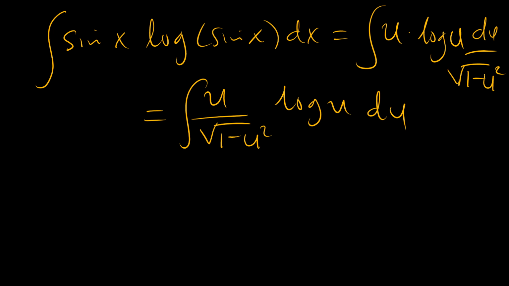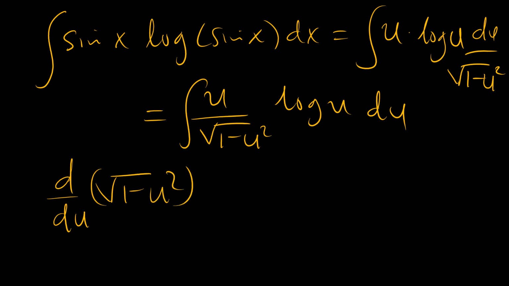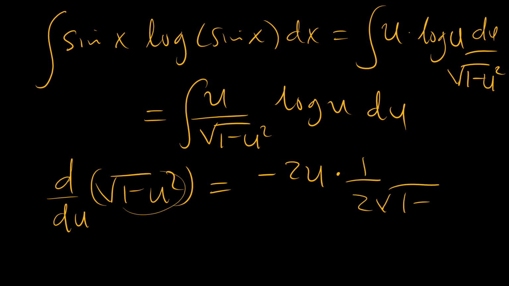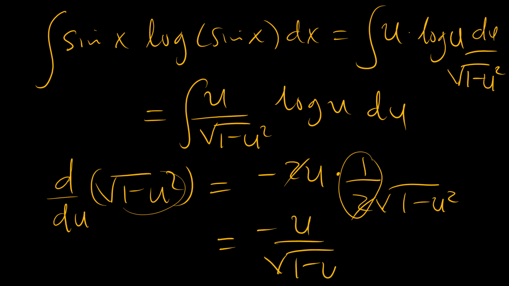Now, if you differentiated the square root of 1 minus u squared, we would get negative 2u, times we differentiate what is inside, times 1 over the square root of 1 minus u squared, times a half, and so that cancels, and so we have negative u over the square root of 1 minus u squared.